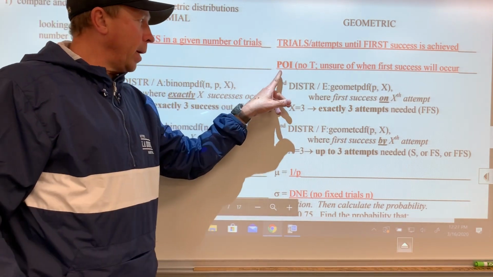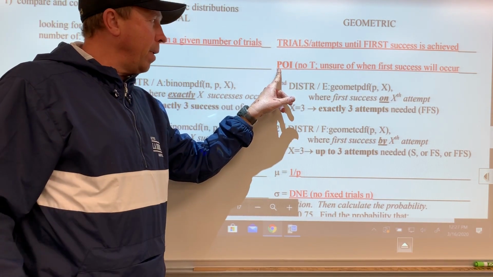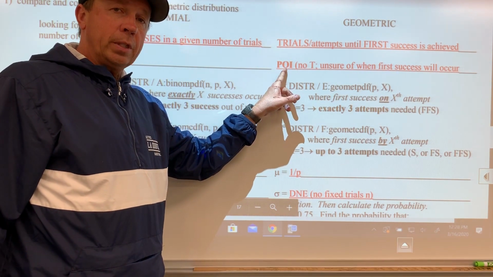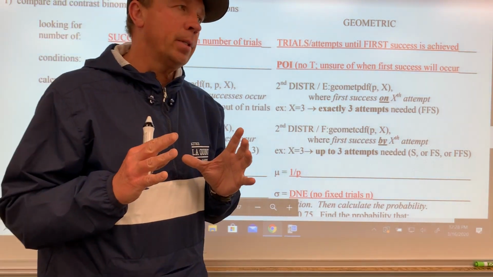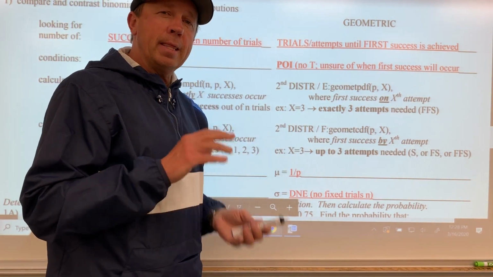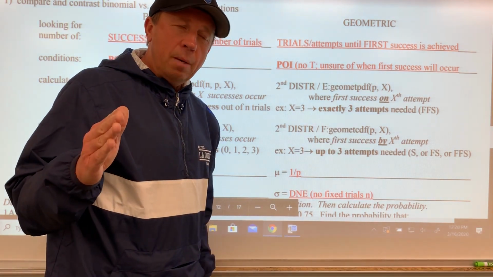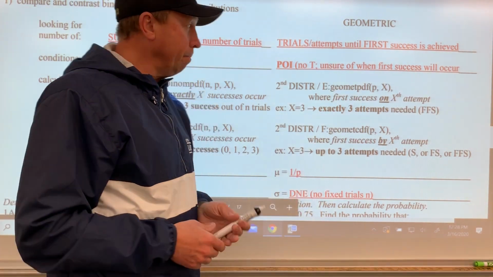For the geometric, the probability has to be consistent throughout the whole thing. The outcomes are 2 as well, success, failure, and every trial is independent. But it doesn't have a set number of trials because in theory, the geometric distribution goes on forever, because you may actually never have a success, okay?